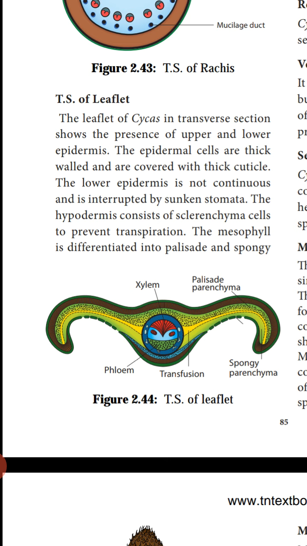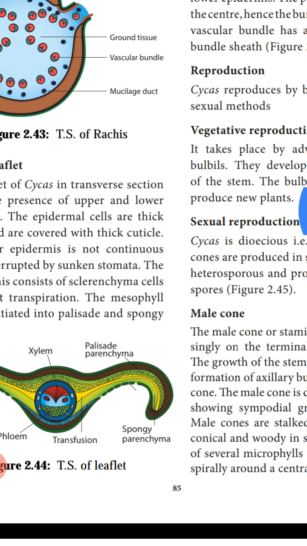Palisade parenchyma, they are the elongated cells with dense chloroplast. And the function of this is what? They are involved in photosynthesis. Next, the spongy parenchyma, they are irregular cells, loosely arranged. As a result, a large number of air chambers, or air spaces, are present there, and they are meant for gaseous exchange.